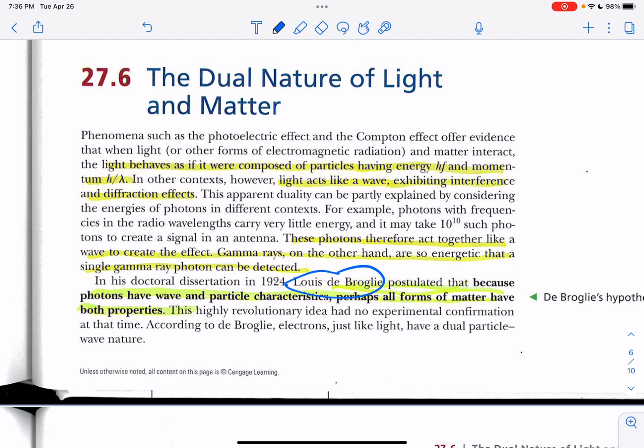If light is packets of energy called photons which have wave-like characteristics, maybe matter, which we typically think about as being particles, also has a wave-like characteristic, such as a wavelength. And this is about 100 years ago.